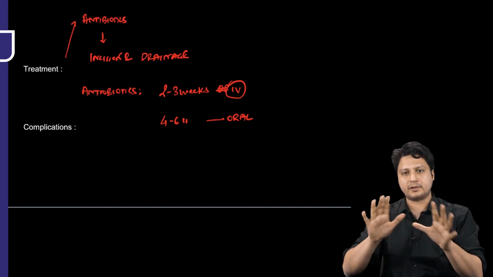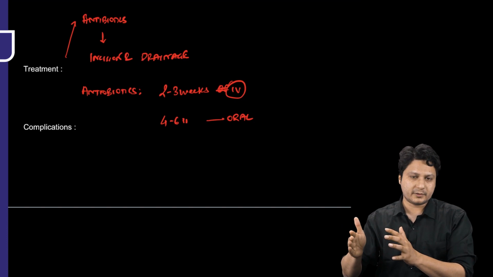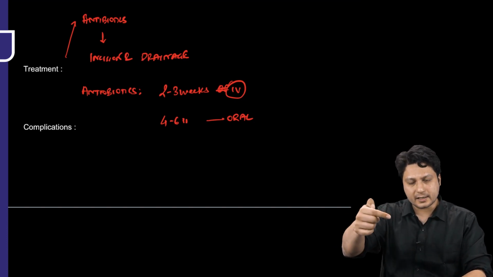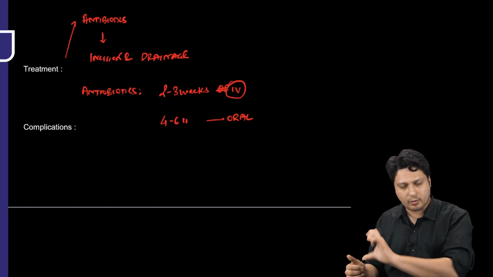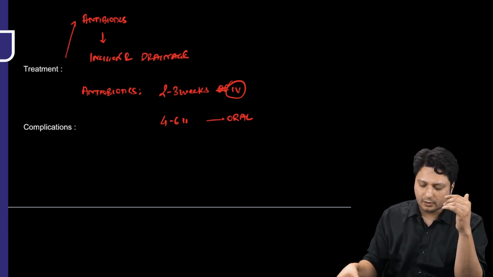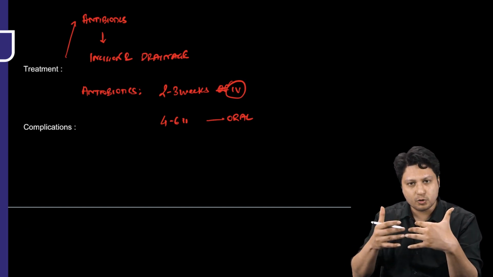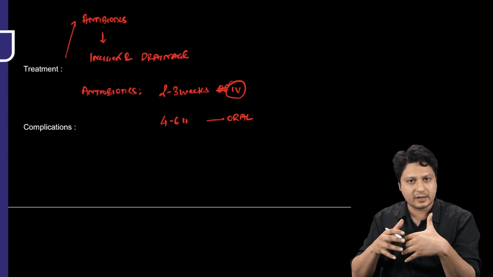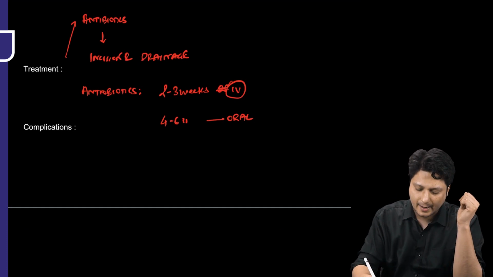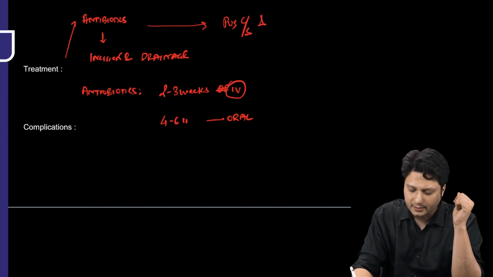Hopefully you have understood everything related to this topic, that is acute osteomyelitis. So right from the appearance up to the management, this is how you have to go about it. Now, one thing is also said: whatever pus you have drained out, or whatever abscess you have isolated, should be sent for pus culture sensitivity as well as histopathological examination.